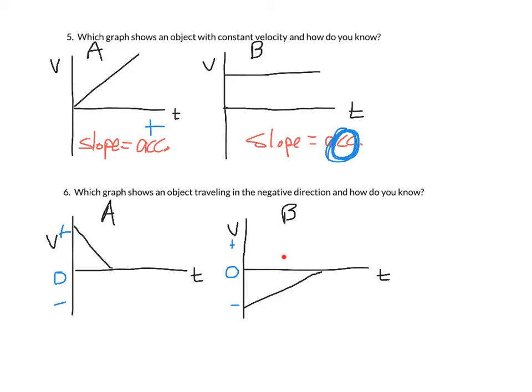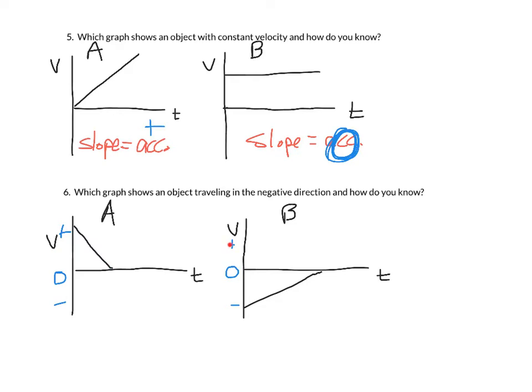Both of these are showing slowing down, but that's not the question. It says which one's in the negative direction. What kinds of velocities are these? All of these are negative velocities. The line is below the t-axis. Below the t-axis, negative direction. Above the t-axis, positive direction.